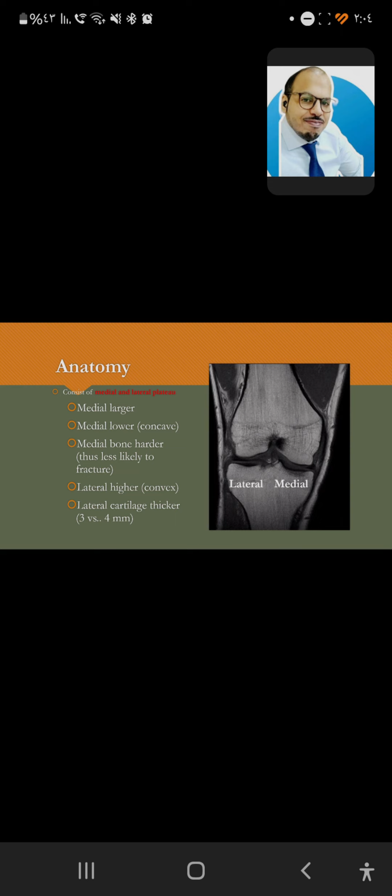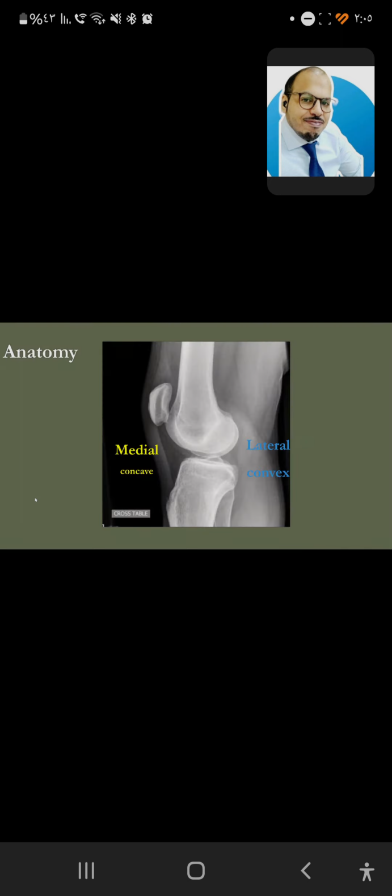Most of the fractures of the tibial plateau are on the lateral side. The lateral is higher and more convex, and the lateral cartilage is thicker. So the medial is concave, the lateral is convex.